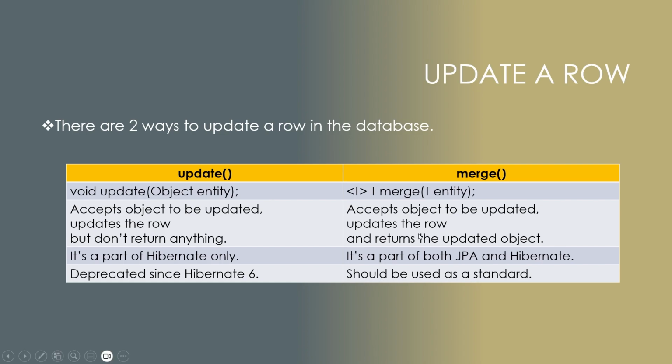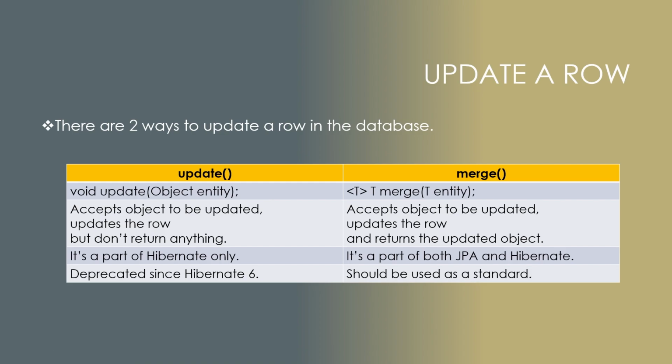And as I told you, before Hibernate 6, both of them were in the picture. There used to be interview questions about which one to use, which one not to use, and what the differences are. Now also you will get those interview questions, but this point will be an add-on for you: you can say that the update method has been deprecated since Hibernate 6 and the merge method should be used as the standard.